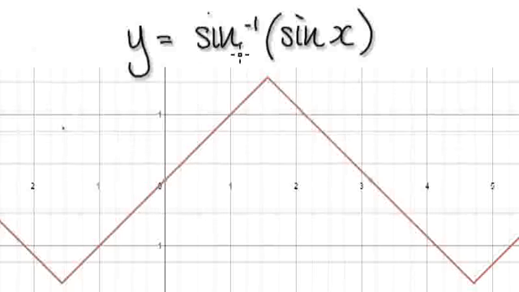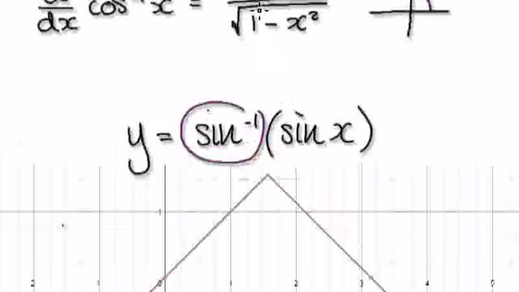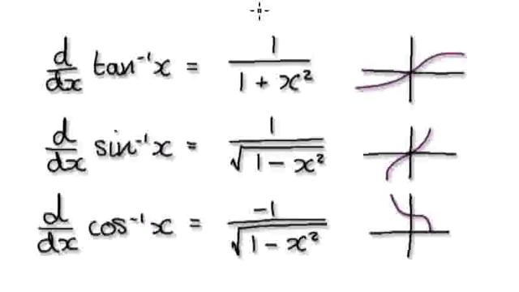But the important thing here is that because you've got inverse sine here, look at this. If you have inverse sine of whatever, the inverse sine of whatever only makes sense if the whatever is within -1 and 1. The domain here is between -1 and 1.